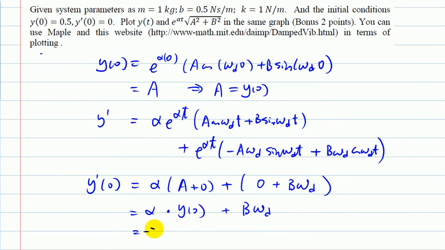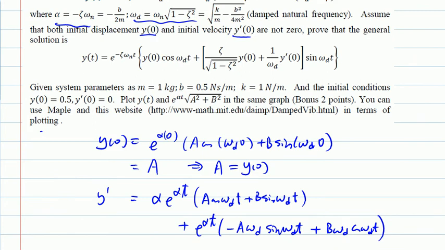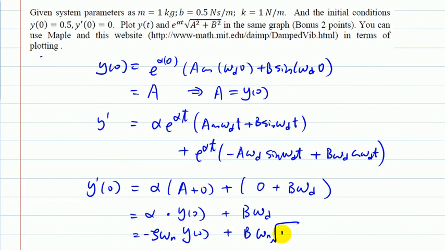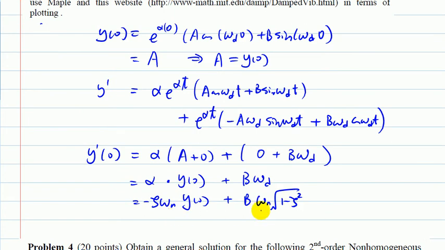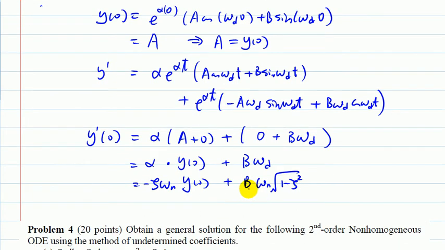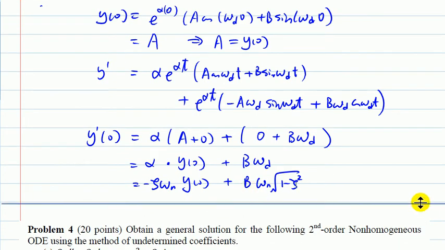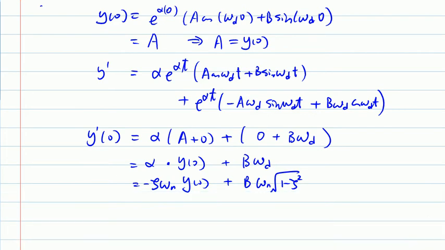So alpha equals negative zeta omega n y of 0 plus b omega n square root of 1 minus zeta square. So that's this side here, and then you can solve for b based on this expression. Solve for b, and when you solve for b, you can do some simplifications.